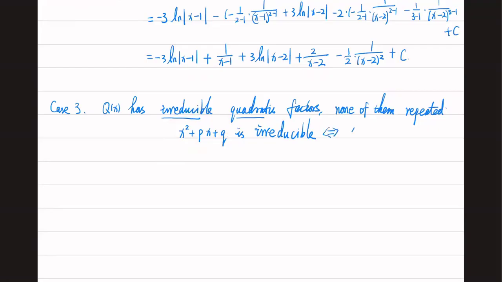The discriminant must be negative. On the opposite side, it's reducible. It means you have the real roots.